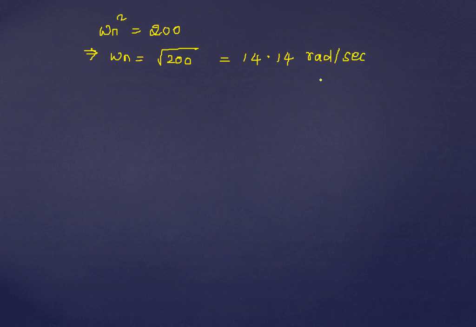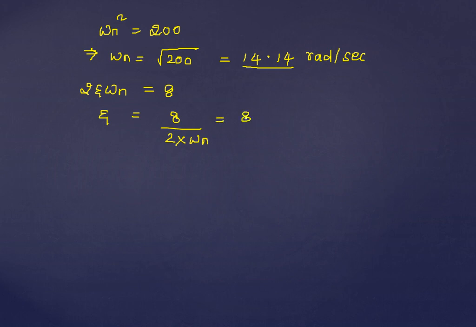And similarly, in place of 2 zeta omega n we are having the value 8. So from this zeta can be written as 8 by 2 into omega n. We already know the omega n value, that is 14.14 radians per second.